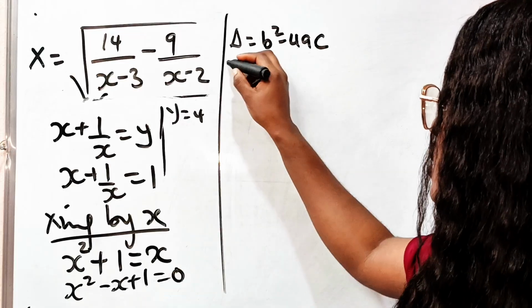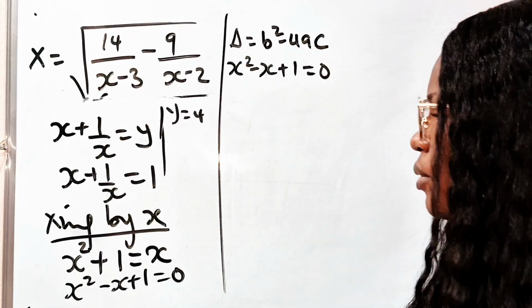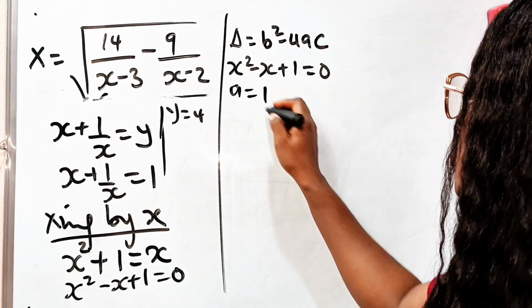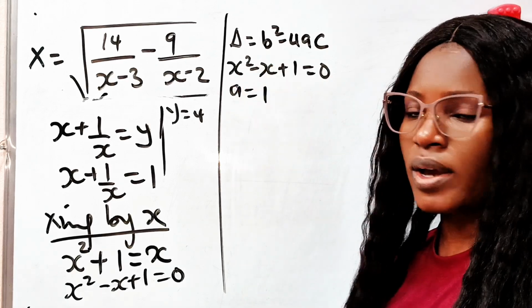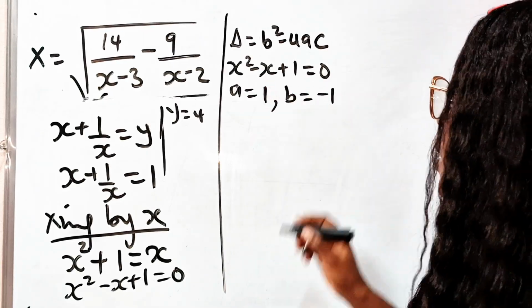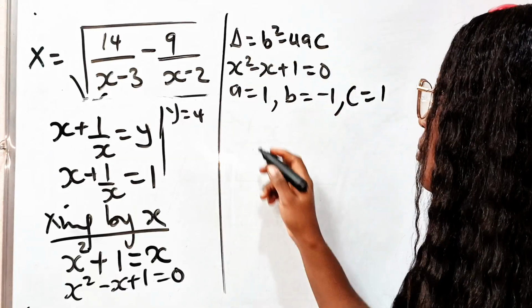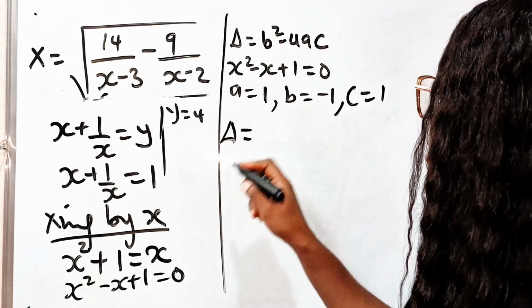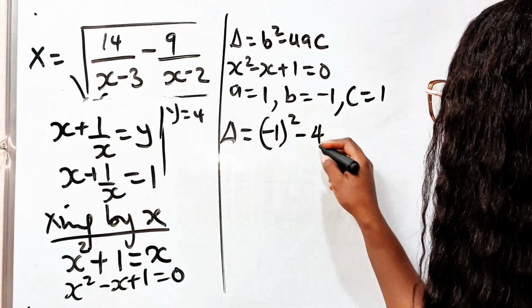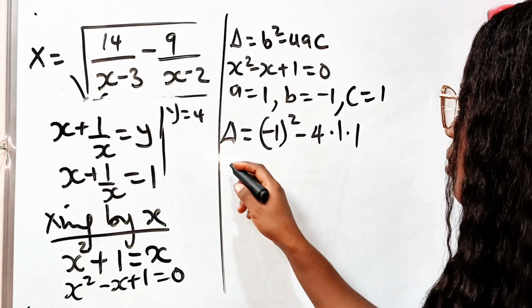What we have here is x² − x + 1 = 0, so a is 1, the coefficient of x squared, b is −1, the coefficient of x, and c is 1.